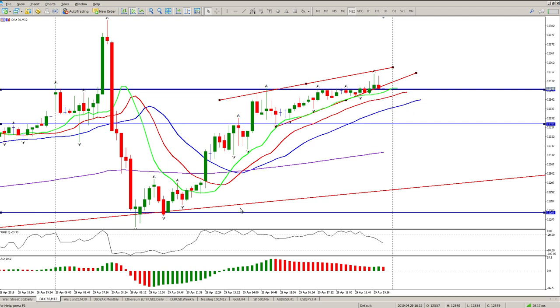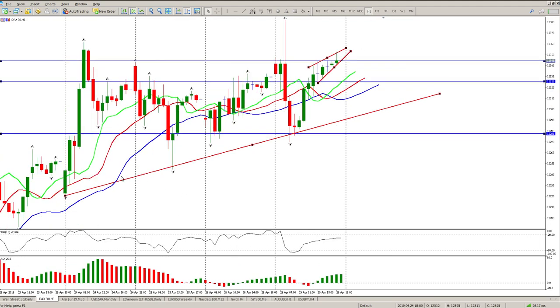Any deep pullback down to either this trend line or even the 12-minute 200 EMA would probably convince me to get long again, and then I'll be looking at this as a triangle or even bottom of range and then back up long. But profit taking will again be in the same area again of 12,350.